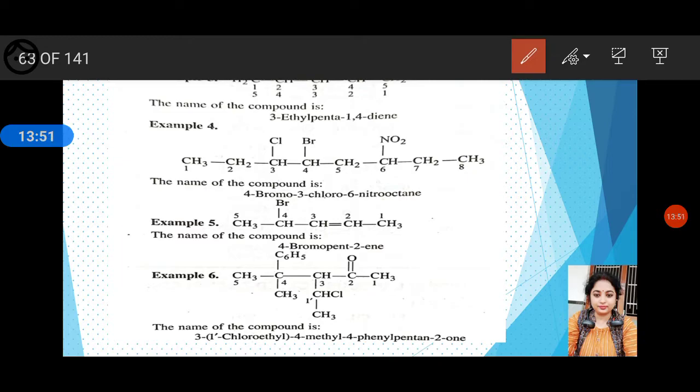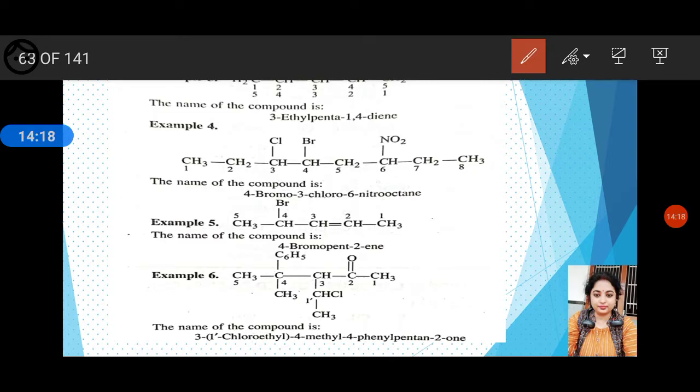CH3 branch C, CH3 bond C, one branch above C6H5, one branch below CH3, single bond CH, CH2Cl, CH3, CO, CH3.